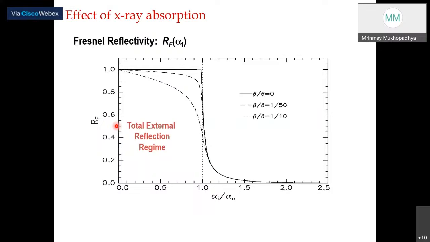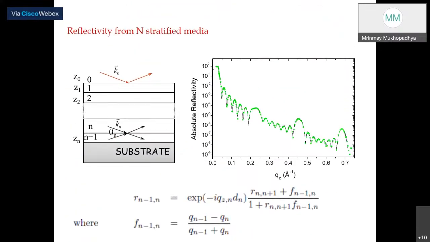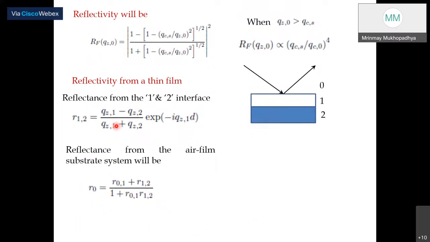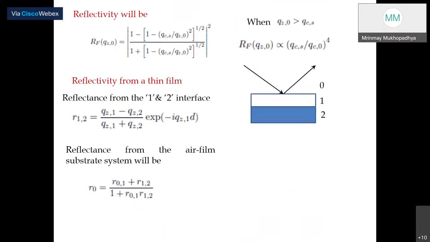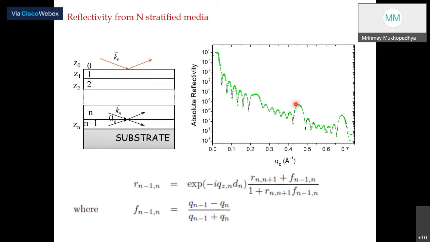What I am trying to say here, the important point is that you don't have to do this calculation, but you can actually extract the density, you can extract the film thickness, and also you can extract the roughness of the interface.